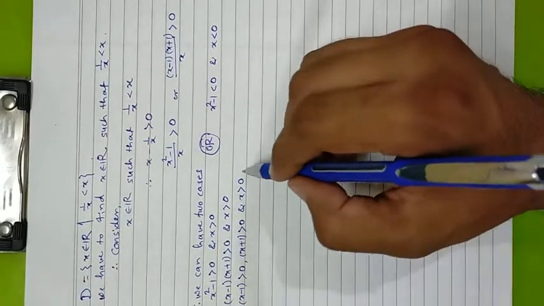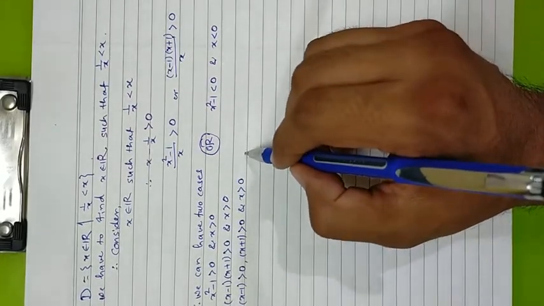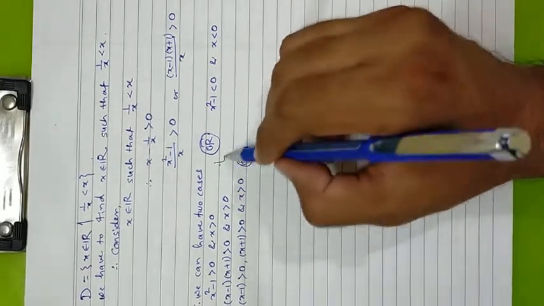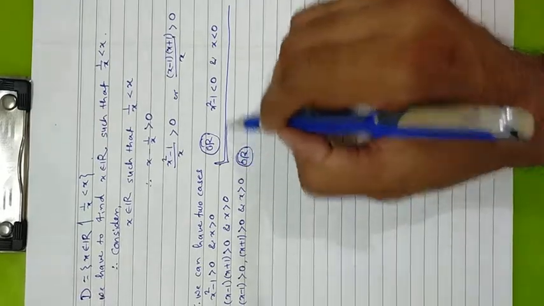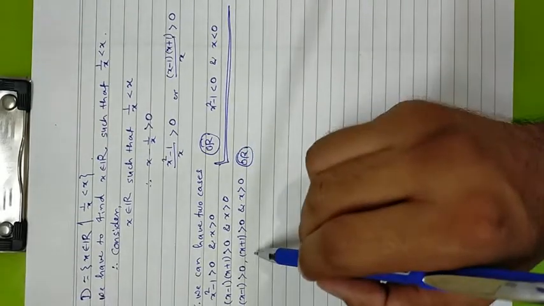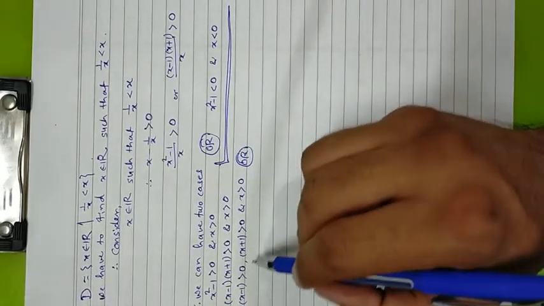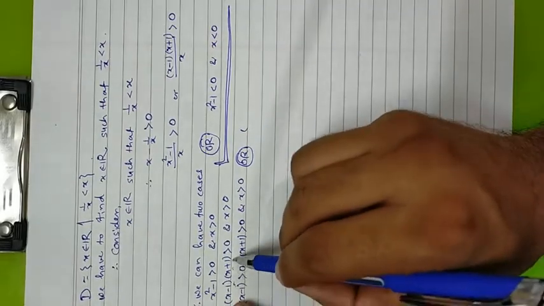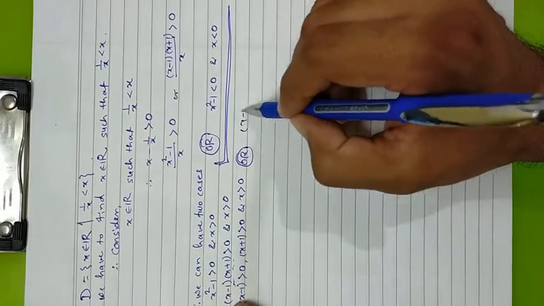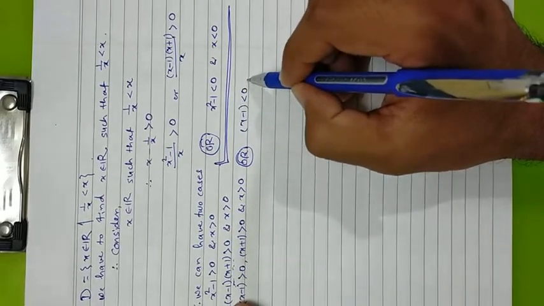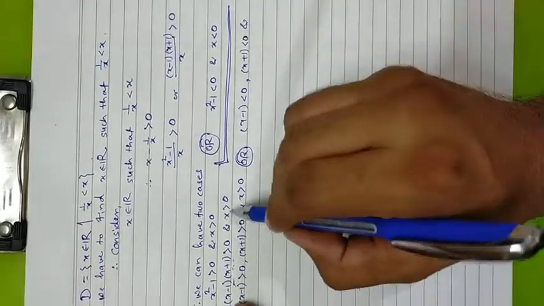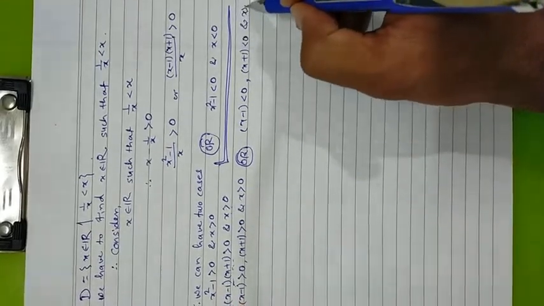This is one possibility, and the other possibility we leave to solve later, right? And the other possibility can be both these quantities are negative, that's why the product is positive. X minus 1 is negative, x plus 1 is negative, and x is positive.